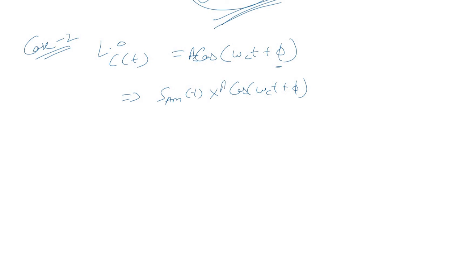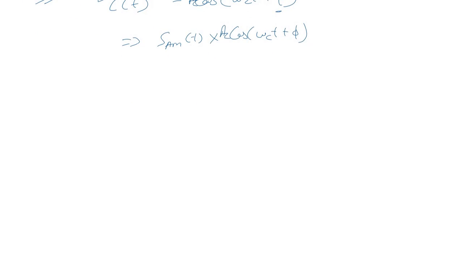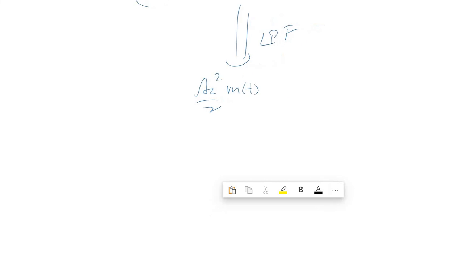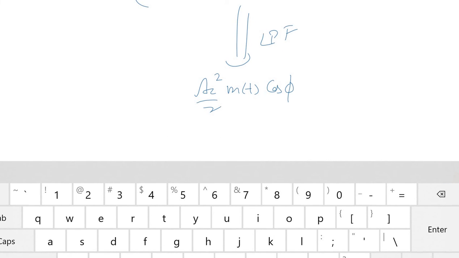Substituting the AM signal, AC cos omega ct plus AC m(t) into cos omega ct, multiplied by AC cos(omega ct plus phi), and simplifying and passing it through the low pass filter, I am skipping the intermediate steps and moving directly to the low pass filter output. The resultant signal would be AC square by 2 m(t) into cos phi, right?